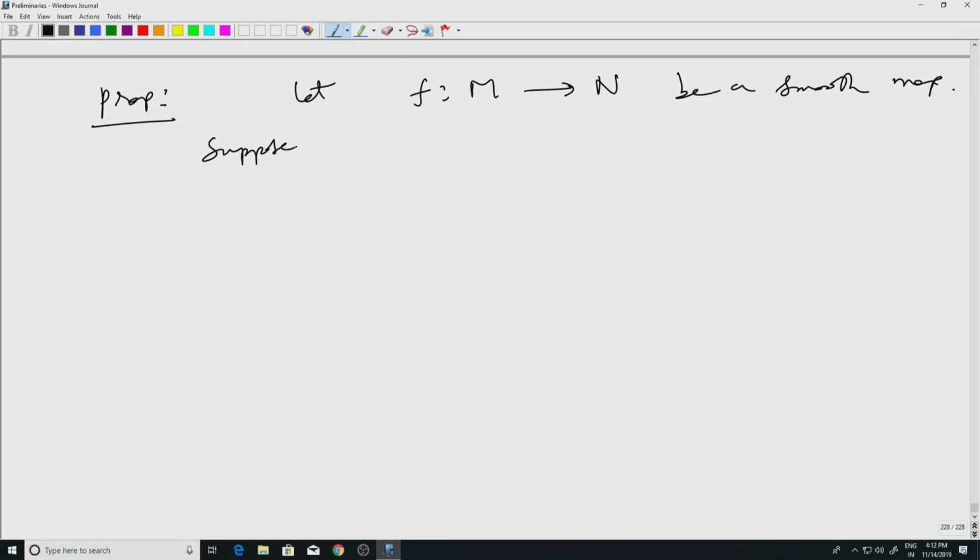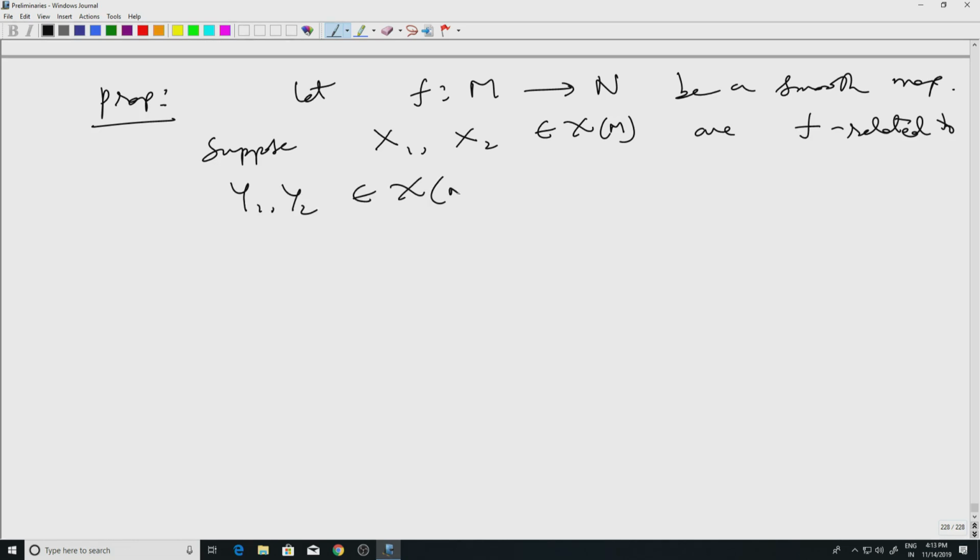Suppose x1, x2 are two vector fields that are f related to y1, y2 on N. Then the Lie bracket of x1, x2 is f related to the Lie bracket of y1, y2.